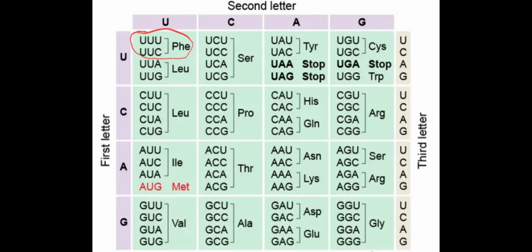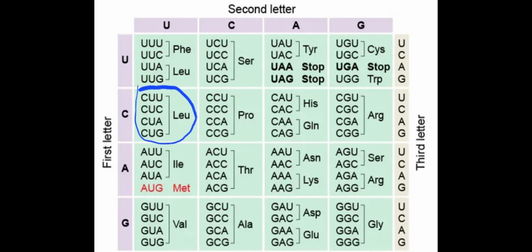The codons UUU and UUC code for phenylalanine, but if the order is changed to CUU, then it codes for leucine instead. Now, there are 64 codons, and 61 of these code for amino acids, but 3 of these codons specify the end of protein synthesis.